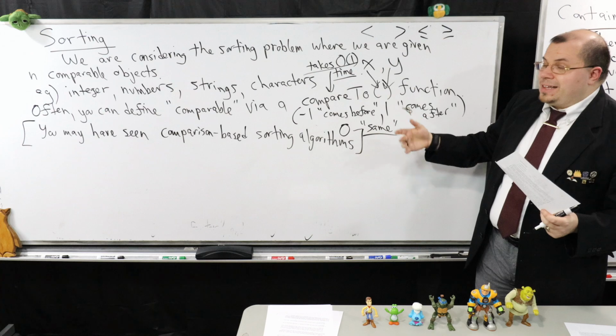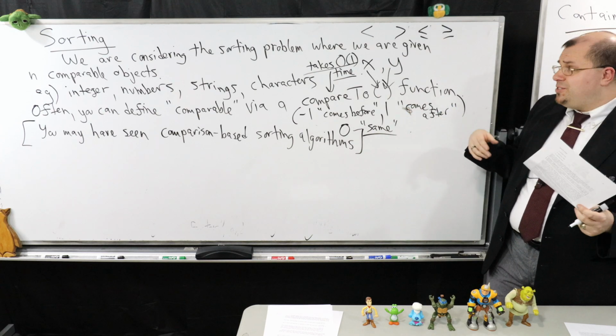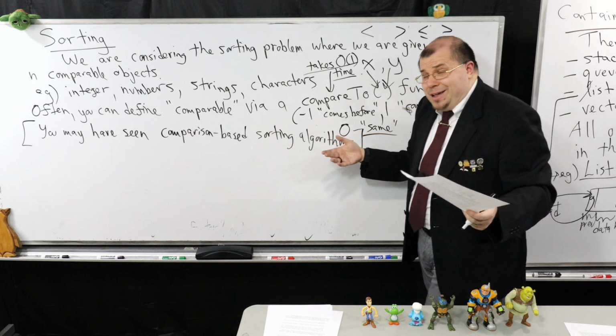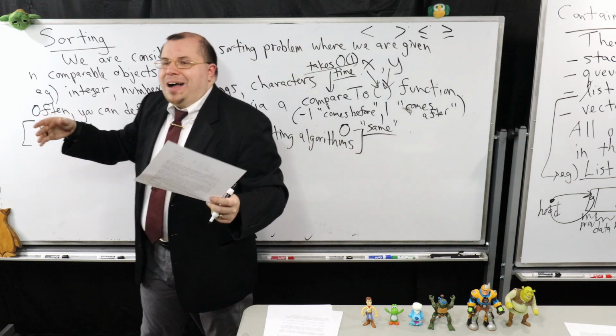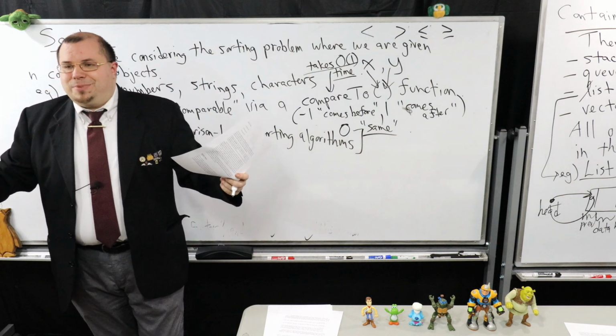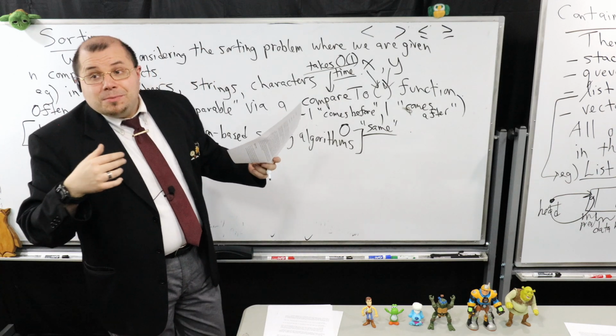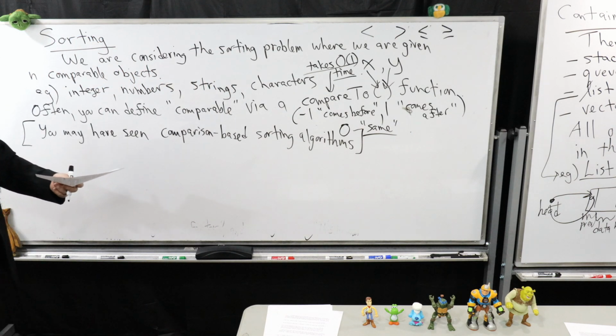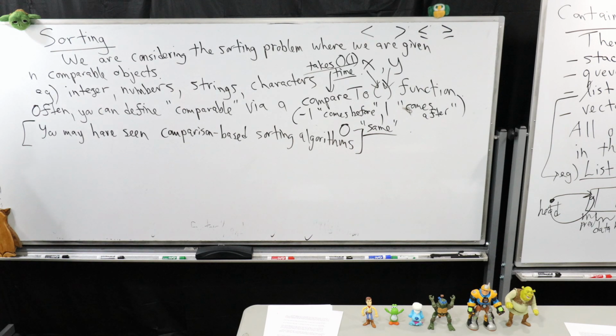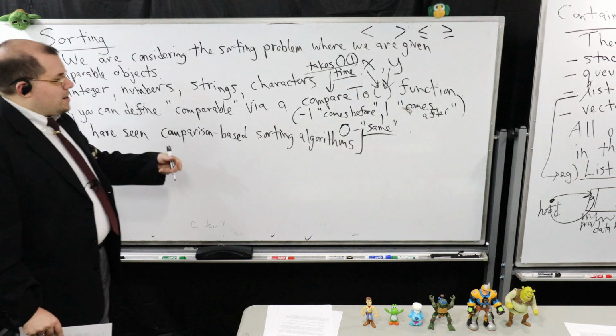But I must stress that there are going to be weird exotic cases where you define a data type where you have to evaluate whether it comes before or after by evaluating more than just, say, two numbers. That rarely happens, but it does happen. That's why this is just an assumption I'm making.